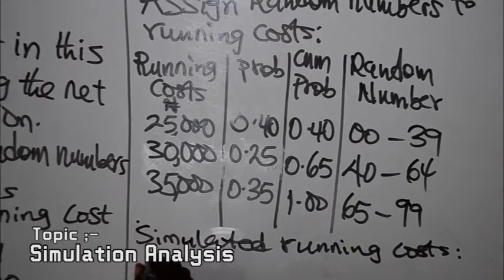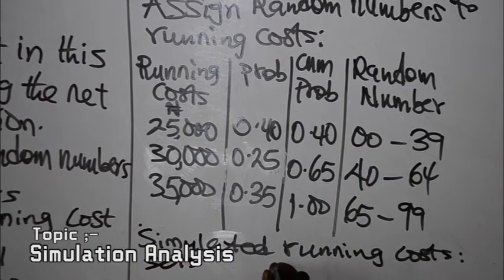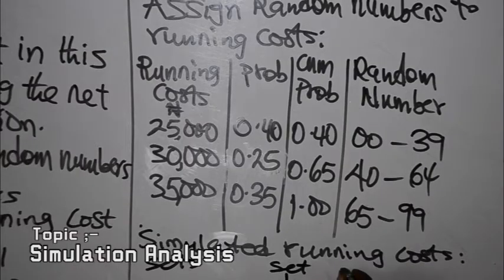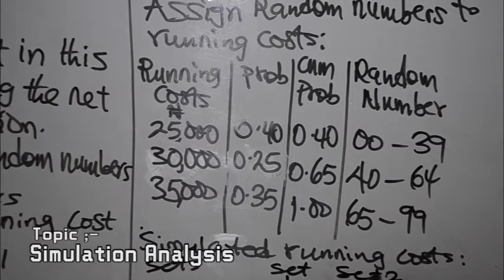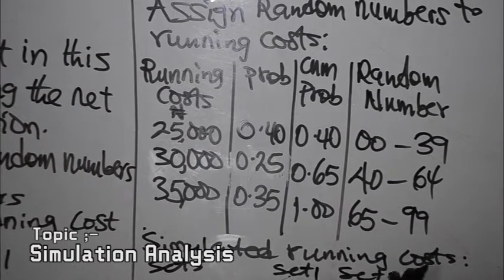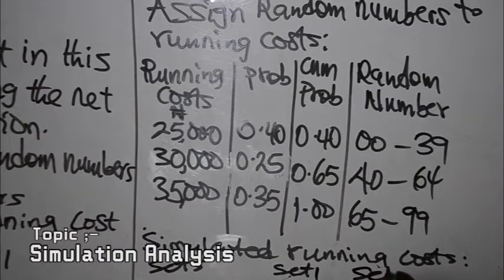So let's have the simulated running cost. Then we have 3 sets: set 1, set 2, and set 3. Then we have the random numbers.